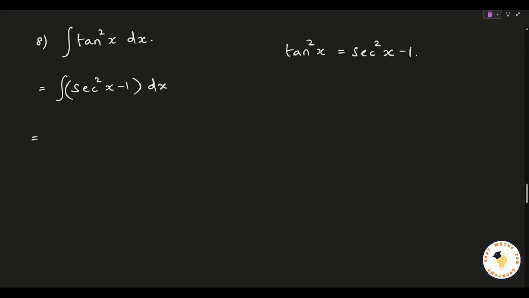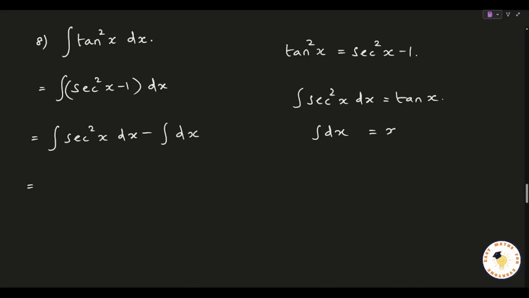Now we can split this into individual integrals like integral secant square x dx minus integral 1 into dx, which is just dx, and we know that integral of secant square x dx equals tan x and integral dx equals x. So this can be reduced to tan x minus x plus c.